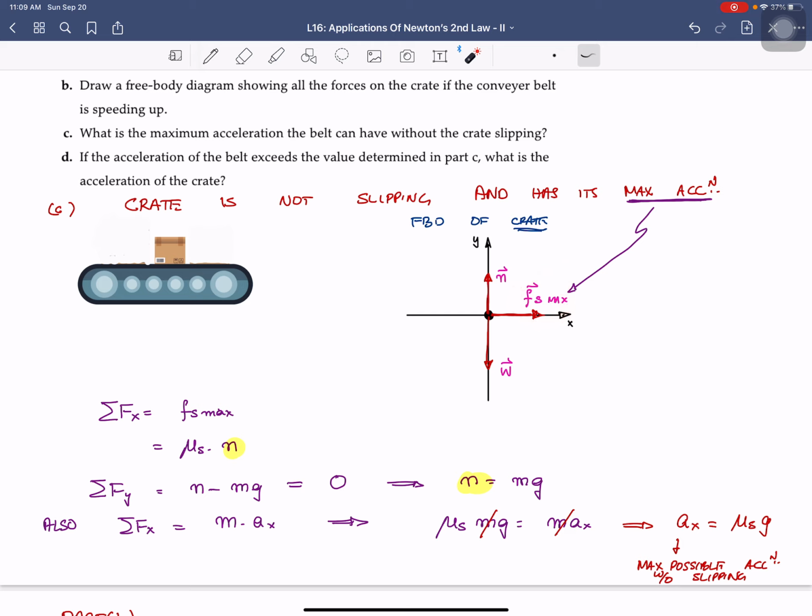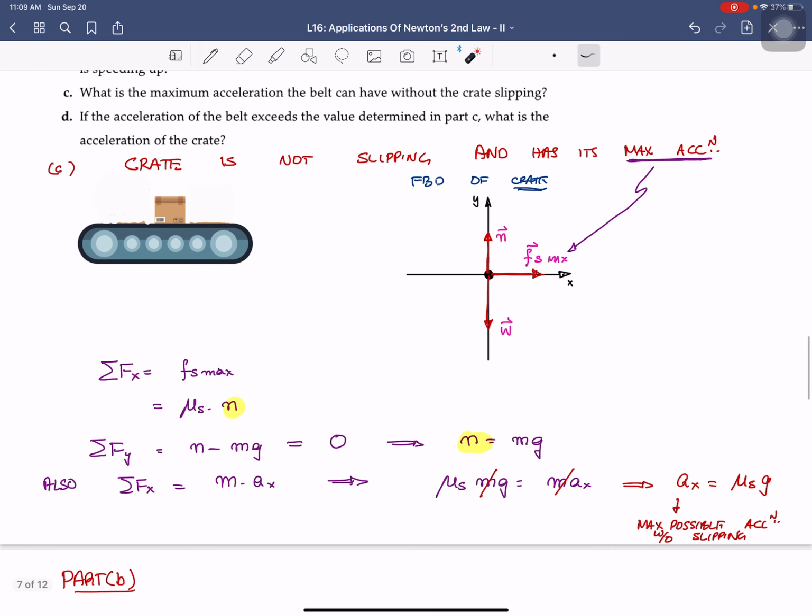If you increase the acceleration of the conveyor belt, now the crate is not going to have the same acceleration as the conveyor belt, and it's going to start slipping on the conveyor belt. Even after it starts slipping, it's still going to be moving forward, but with some slipping happening as well.